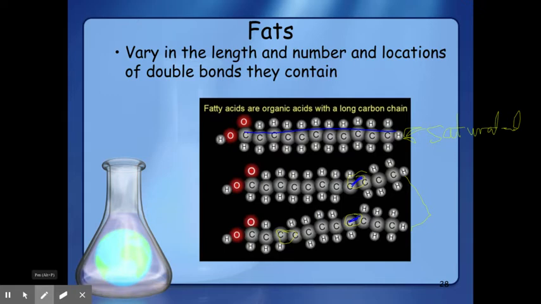That double bond prevents it from being saturated. We would say they are unsaturated. What that also does is create a kink. Notice it kinks it, whereas this one is more of a straight line. That is also characteristic of saturated and unsaturated. The saturated is more of a straight line, and the kinked ones are unsaturated. That's just due to the double bond again.